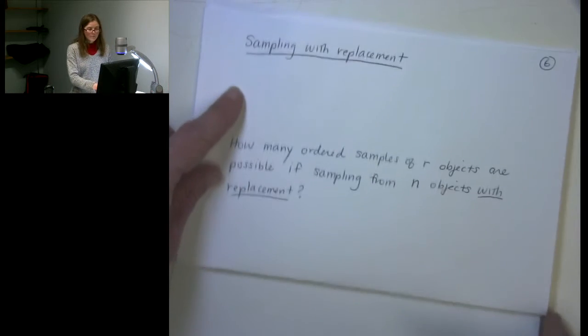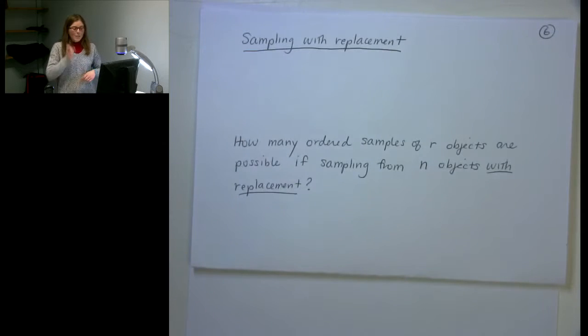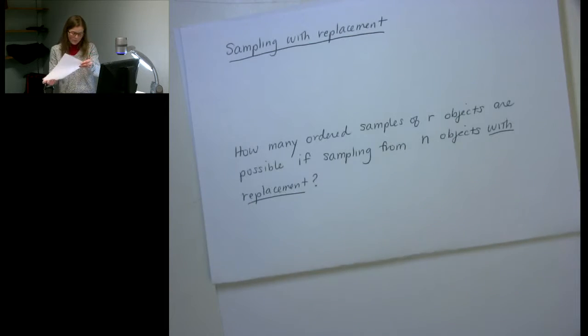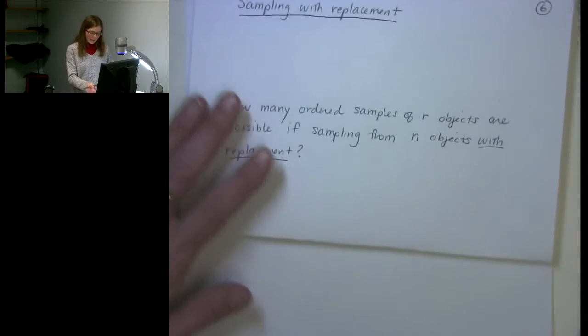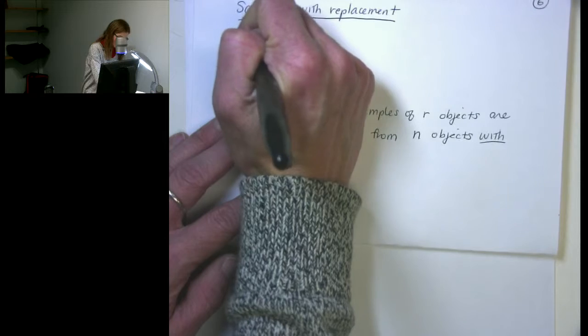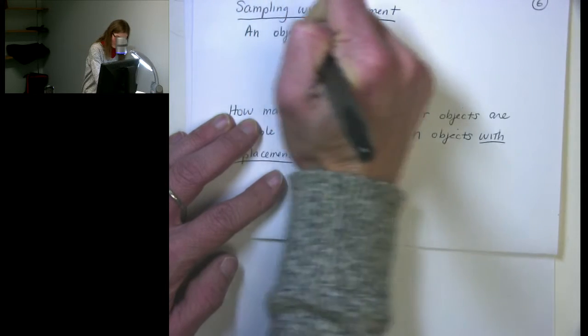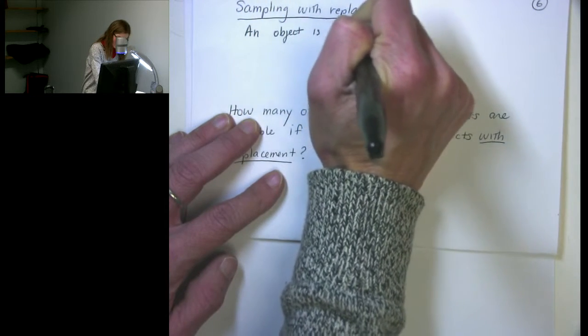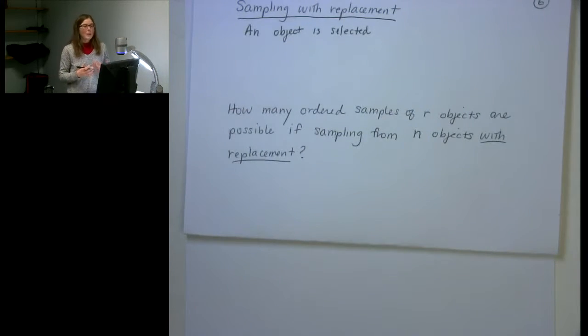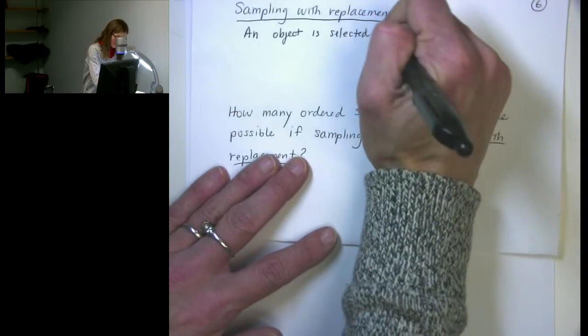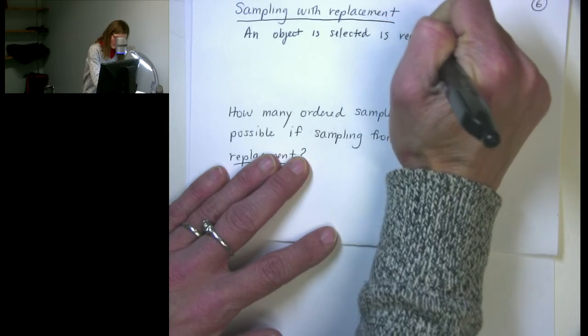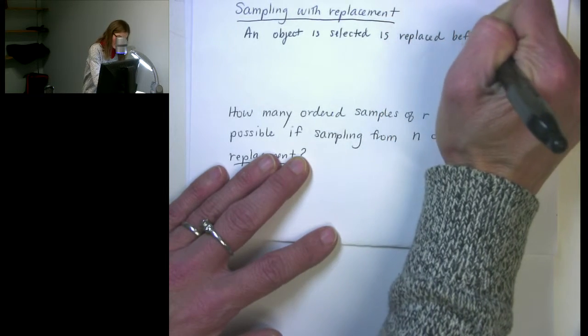So now we're going to talk about sampling with replacement versus sampling without replacement. When we sample with replacement, what that means is that when an object is selected, it is then replaced afterwards before the next object is selected.